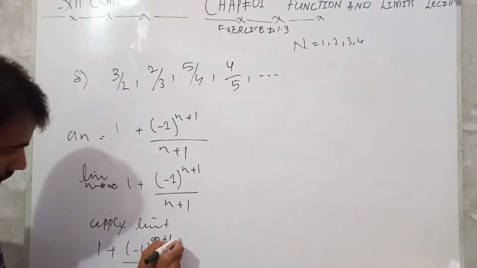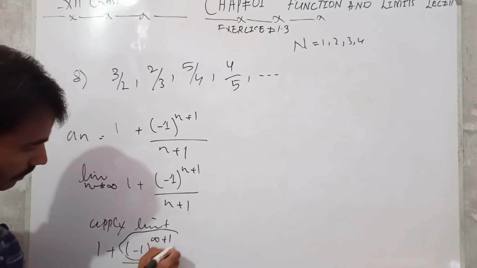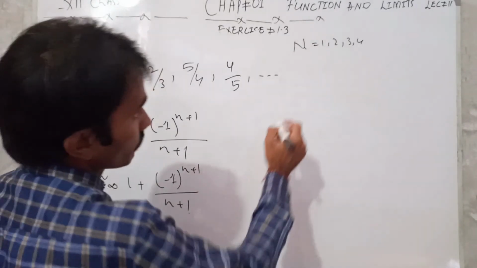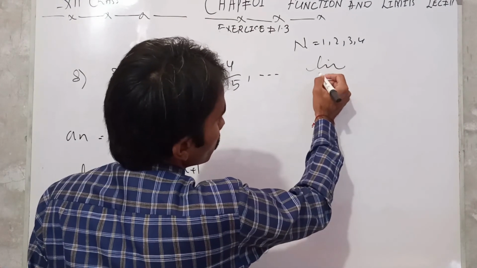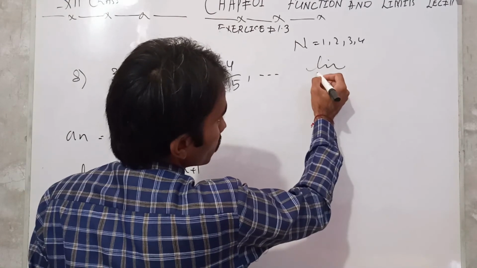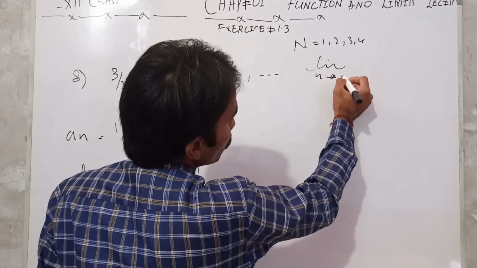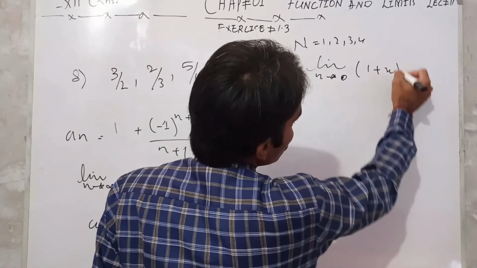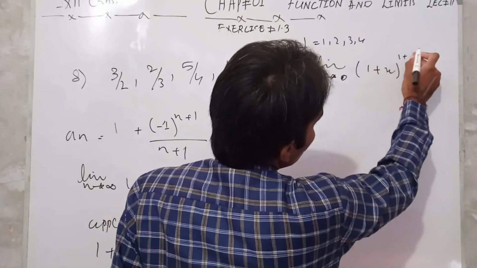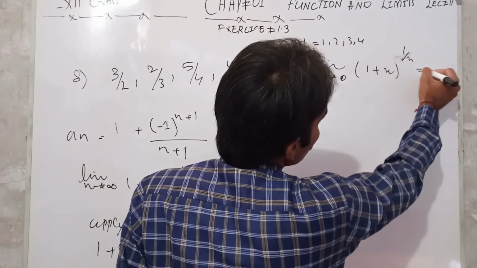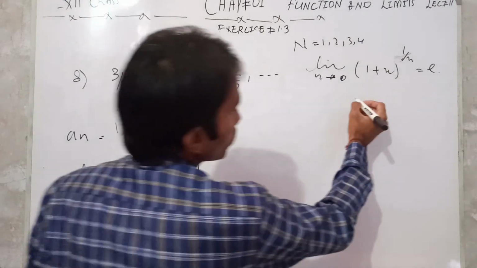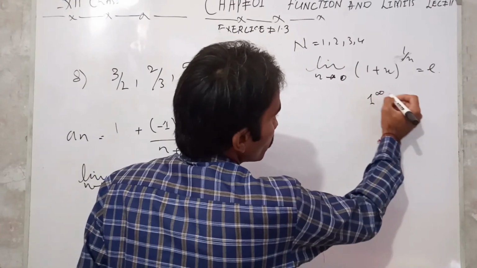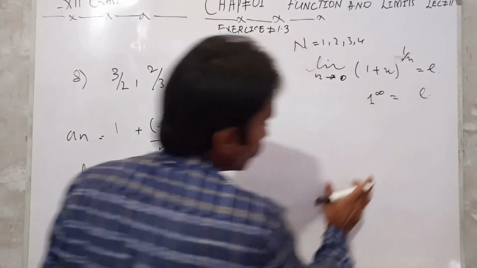In this term, we have one technique. We studied in lecture number 13 that the limit as x approaches 0 of 1 plus x to the power 1 divided by x is equal to e. In the same way, we find the minus 1, and anything to the power infinity is e.